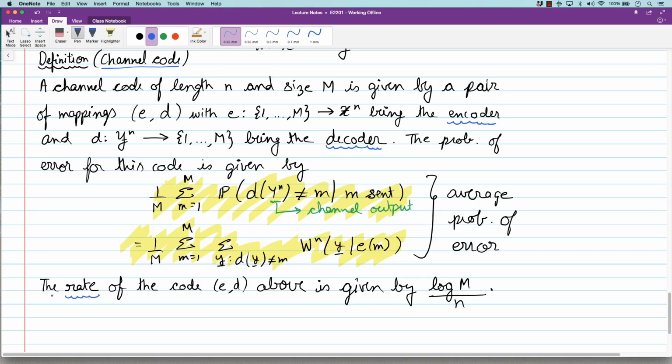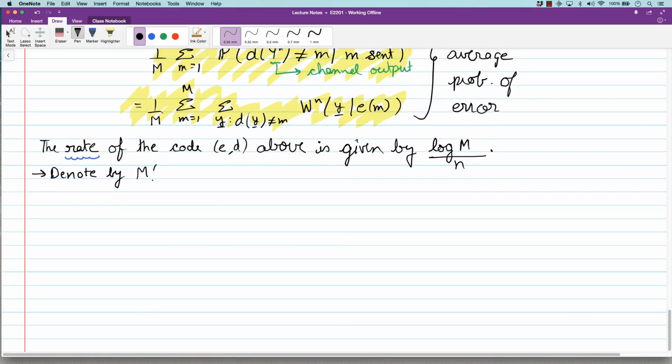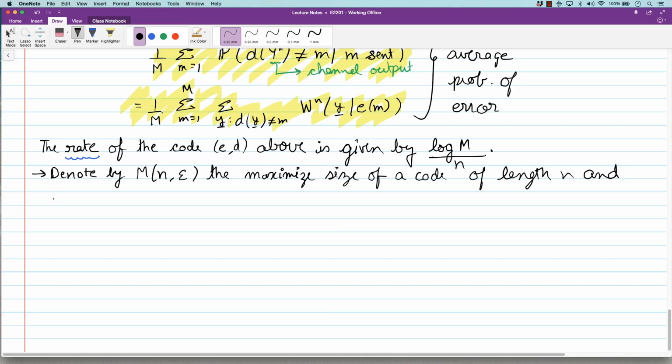Let's bring in another notation. Denote by M(n, epsilon) the maximum size of a code of length n and average probability of error less than or equal to epsilon.